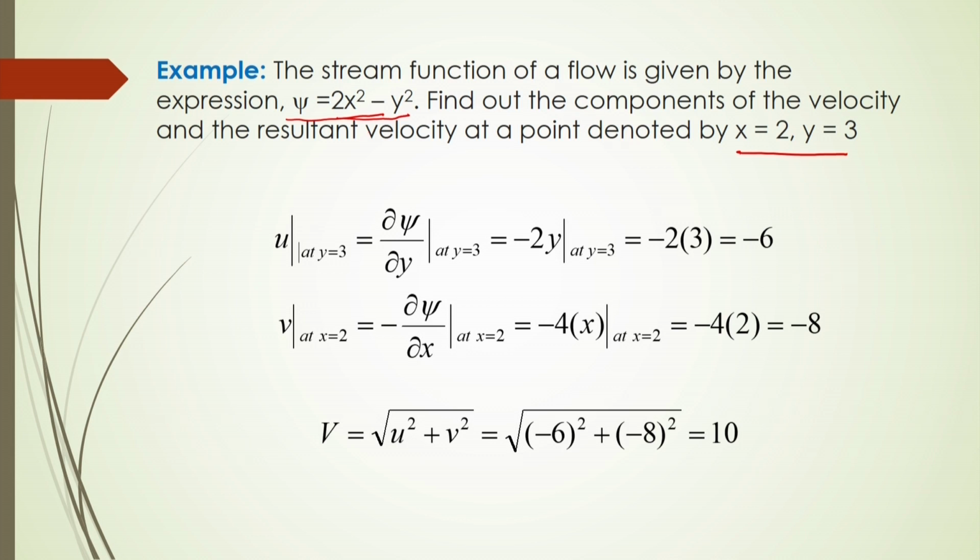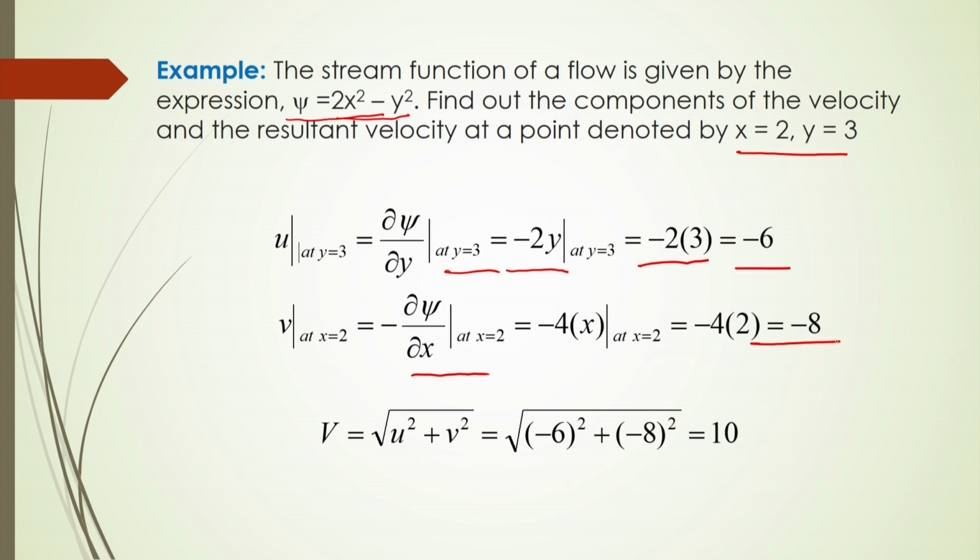Then if you differentiate it with respect to y at point 3, you get minus 2y, that means minus 2 into y is equal to 3 here. So, it will be minus 6. Similarly, if you differentiate ∂ψ/∂x at point 2, it will be coming as 8, since it will be negative for velocity in the y direction, it will be represented by minus 8.